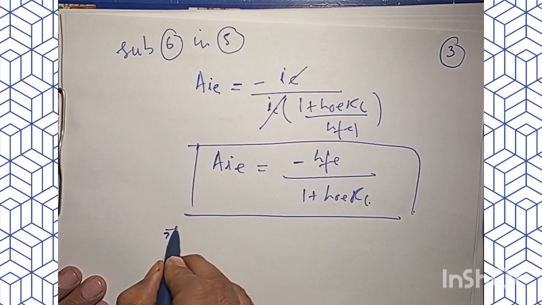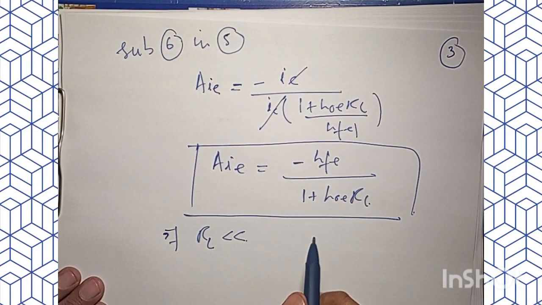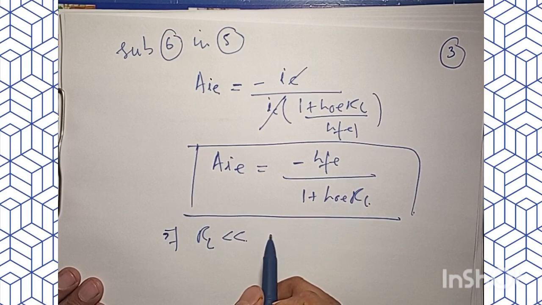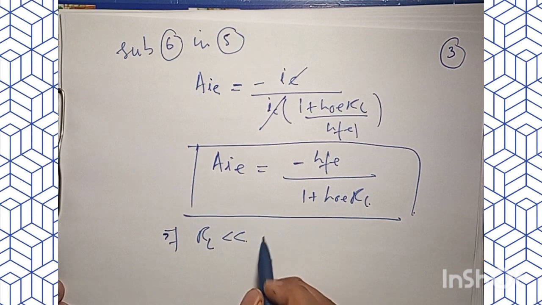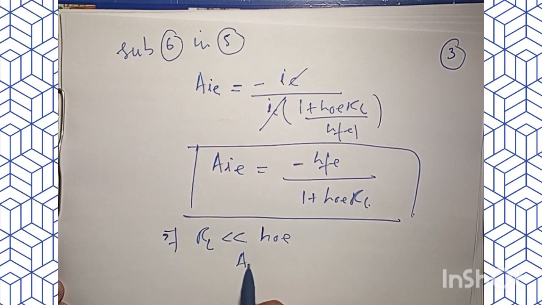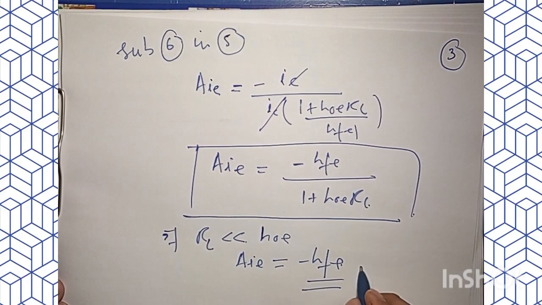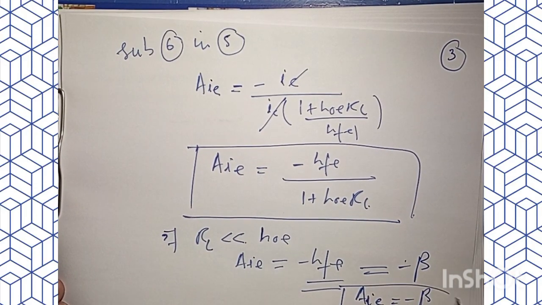If I assume this RL, the load resistance, is very small compared to this HOE, then my current gain in that case will simply be minus HFE, and this HFE is symbolized as beta, so this is minus beta. So AIE will be minus the current gain. All right, so this approximation we have used here.